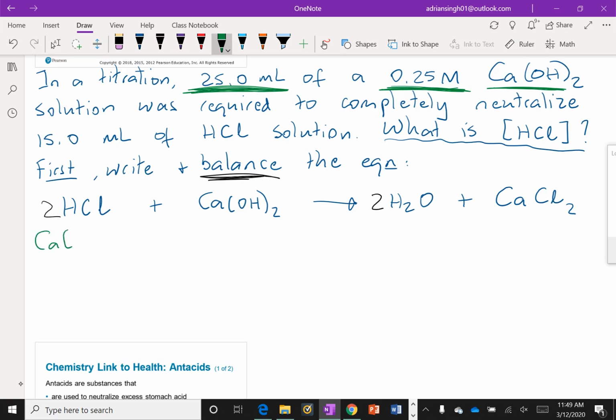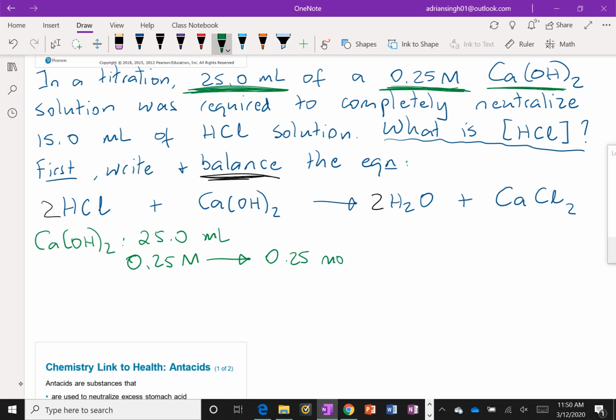Remember, the concentration, molar or molarity, means moles per liter. So for the calcium hydroxide, we're told that we have 25.0 mL that was used, and it was 0.25 molar. Remember, this would mean that we have 0.25 moles of the calcium hydroxide for every liter that's present.